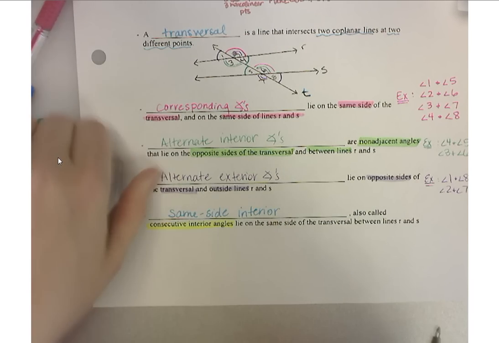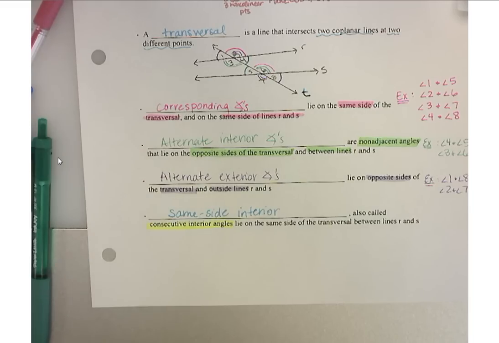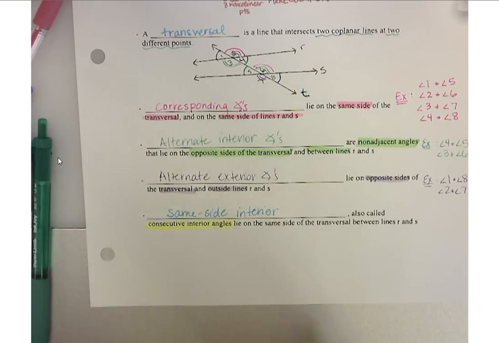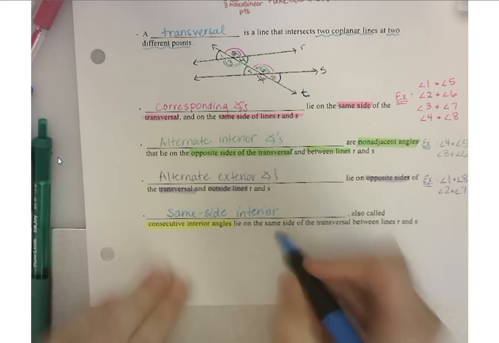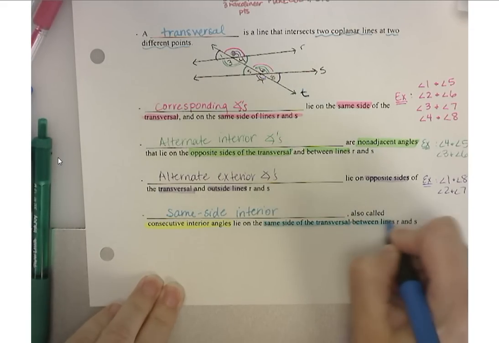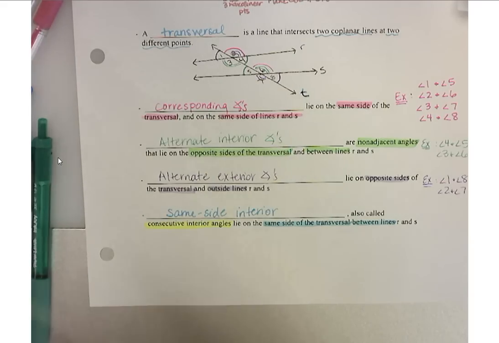Everything is all right. So same side interior, those are also called consecutive interior. Consecutive just means one right after the other, which is where they will occur. So again, these are on the same side of the transversal, and they have to be in between the lines because they're interior. So there are going to be two pairs of these.